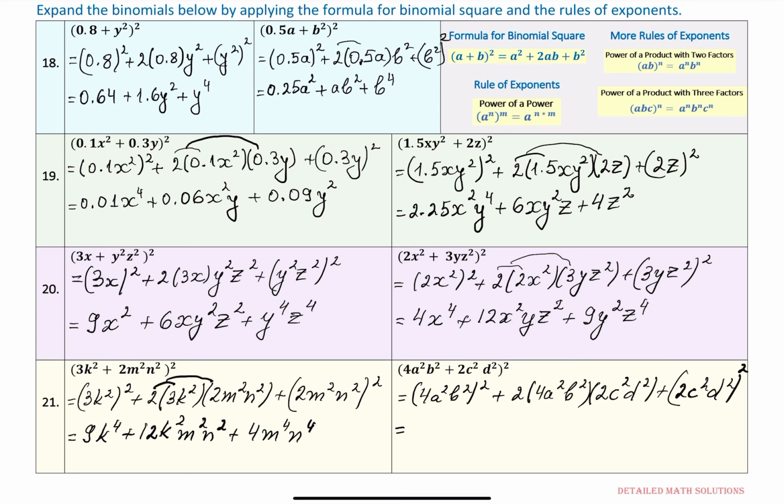This equals 4 squared is 16, a to the 4th, b to the 4th, plus 2 times 4, 8 times 2, 16, a²b²c²d², plus 4 times c to the 4th, d to the 4th.